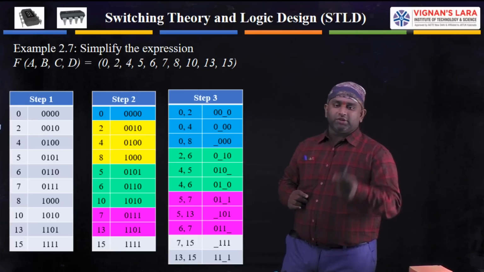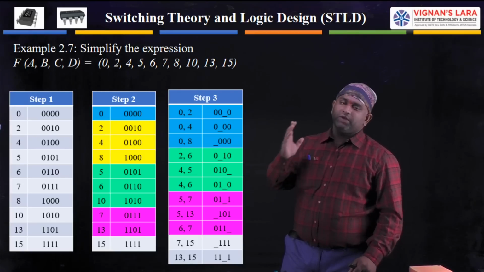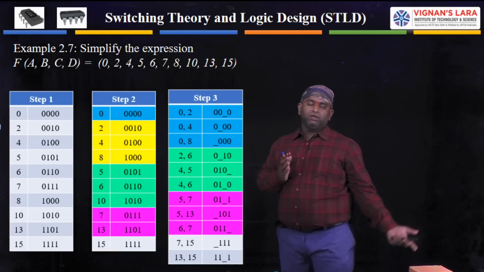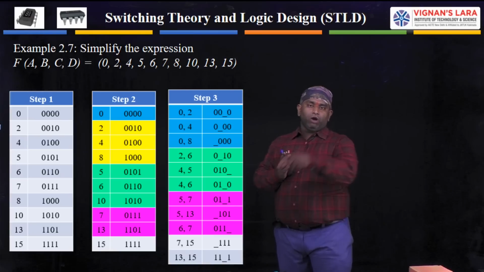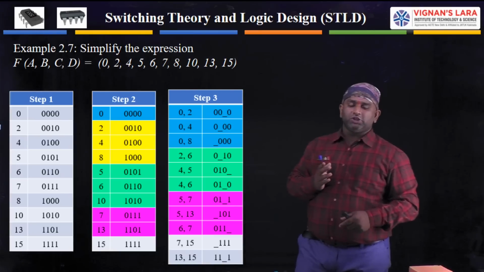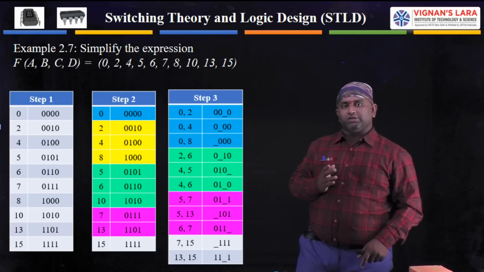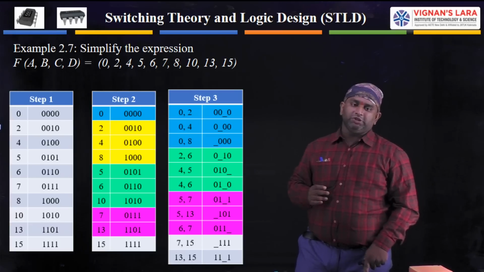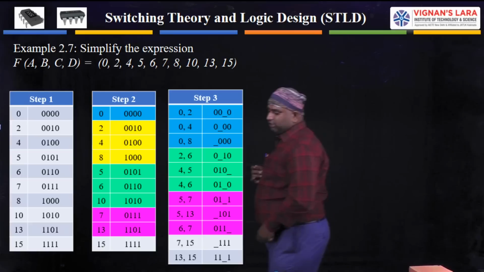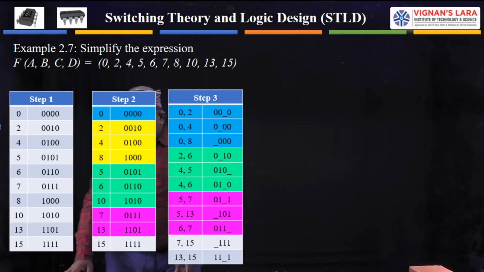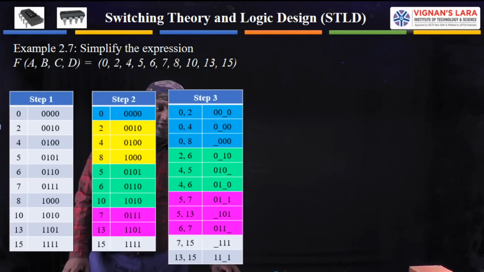Now I am giving the task. You have to find step 4 and step 5 and show me that the answer you get is the same as in the K-map problem. The same answer you have to reflect here also by using this tabular minimization method. This is your task. You have to complete this problem today only.